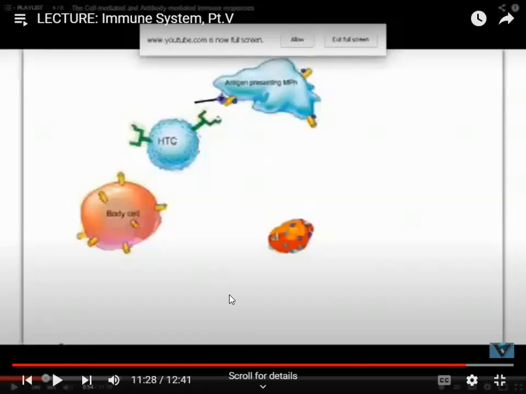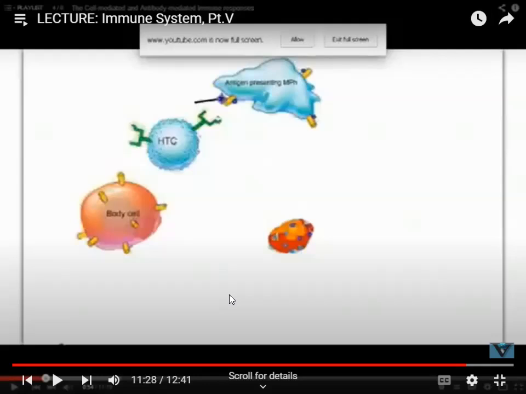This body cell that is infected, that needs help, what will it bind with? The cytotoxic T cell, right? Your regular body cells, all your body cells, have class 1 protein sequence. So what receptor mixes with class 1?